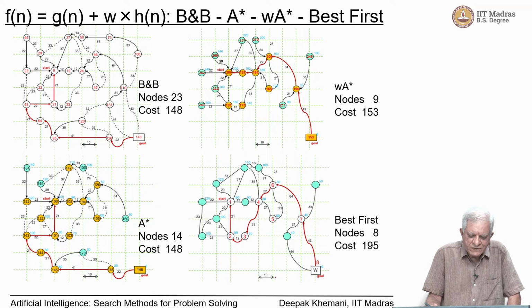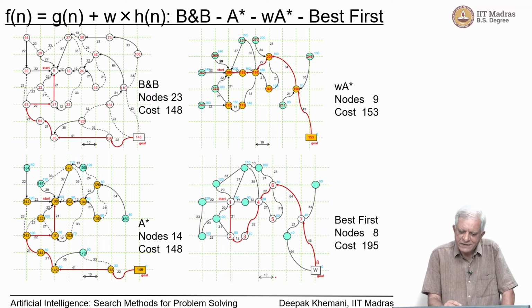On the top left you see branch and bound. It explored the entire graph of 23 nodes and found a solution with cost 148. Then below that is the next algorithm, which is also admissible, which is A star. It saw 14 nodes and found the same path as branch and bound had done, of cost 148.